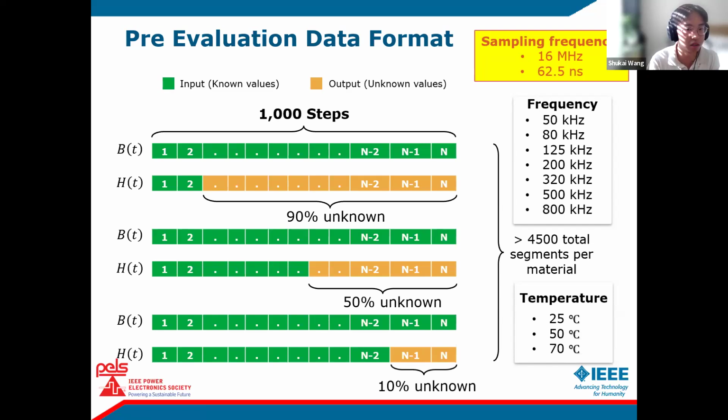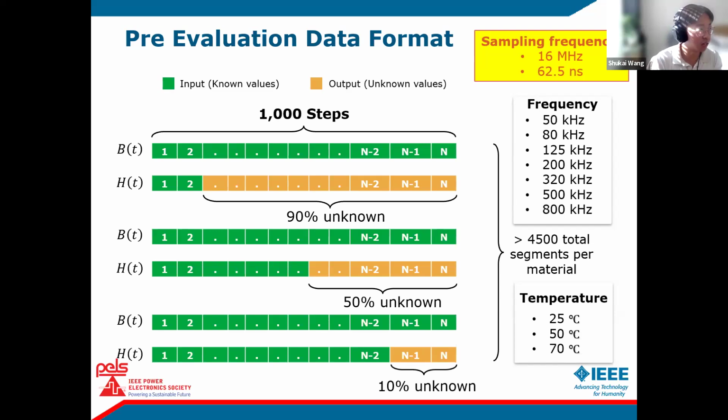These 1,000 steps are randomly selected across many different sequences, temperatures and frequencies, and are completely randomized, so your model should see just a portion of it to predict the future portion. The first thing we have to emphasize is that for this MagNet challenge, our sampling frequency is fixed. You do not have to adapt your model to different sampling frequencies. That is not part of our evaluation criteria.